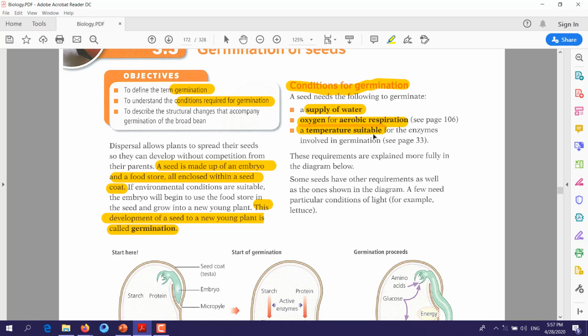As we mentioned before in the previous units, each enzyme works at a specific temperature. If the temperature is suitable for the enzyme, this enzyme will be active. When it is active, the process of aerobic respiration will take place, and then the seed will start germinating.